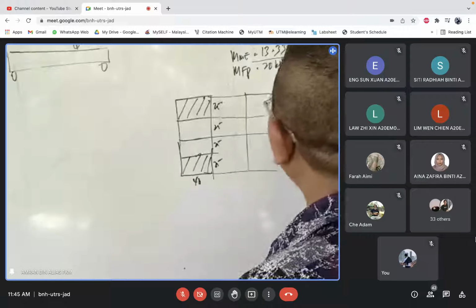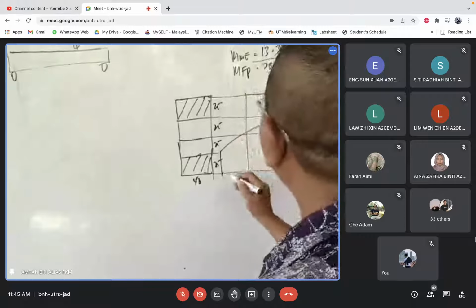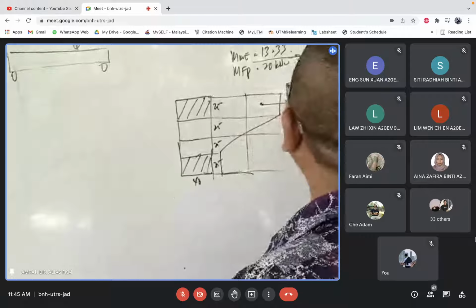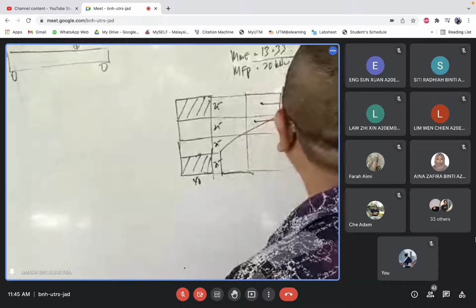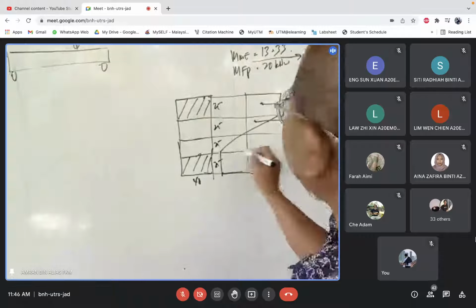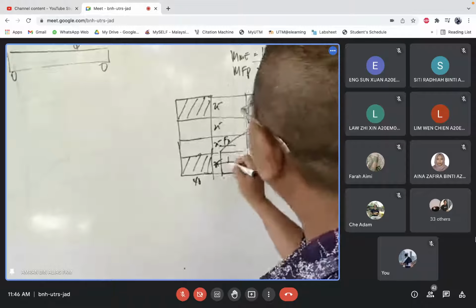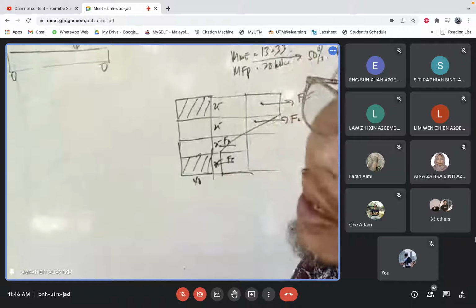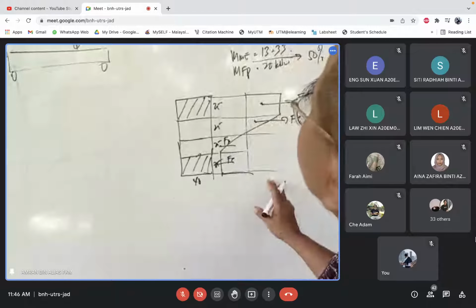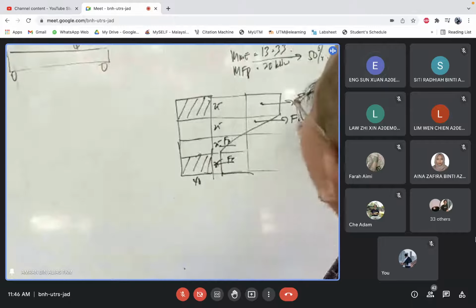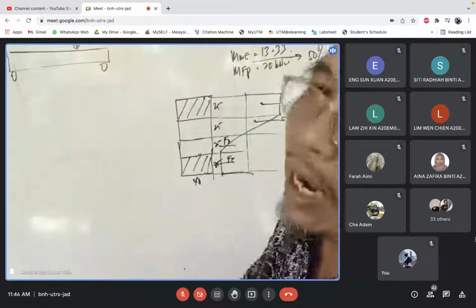The diagram must be like that. There's another F there. Is that correct? F1 and F2, you got 18.3, right?